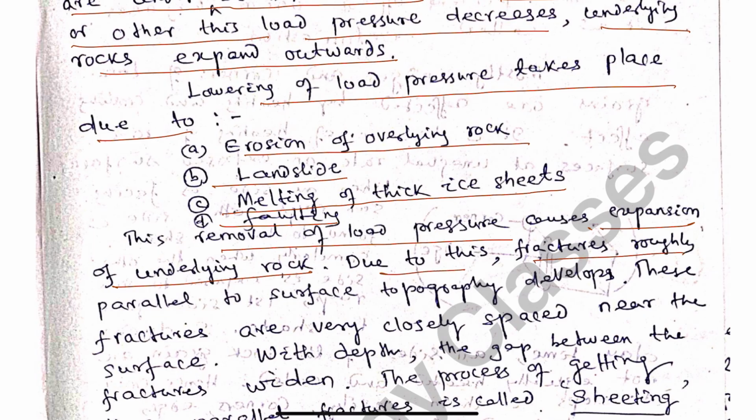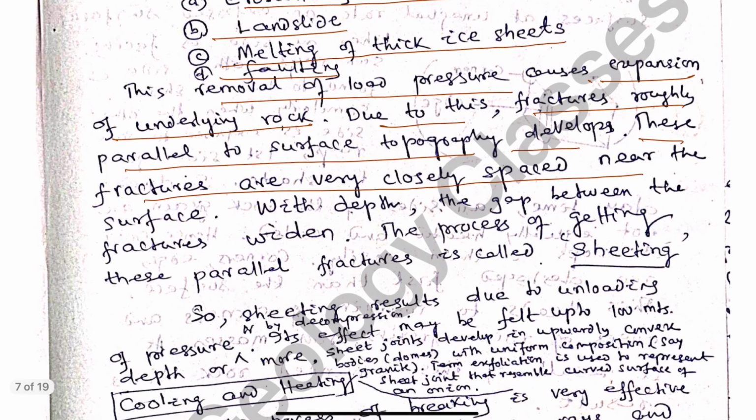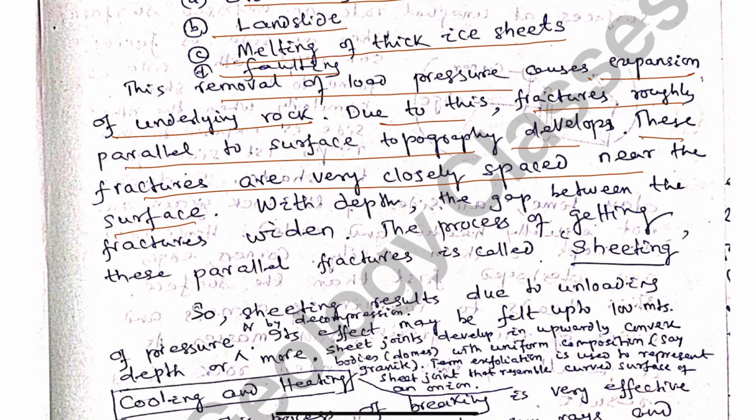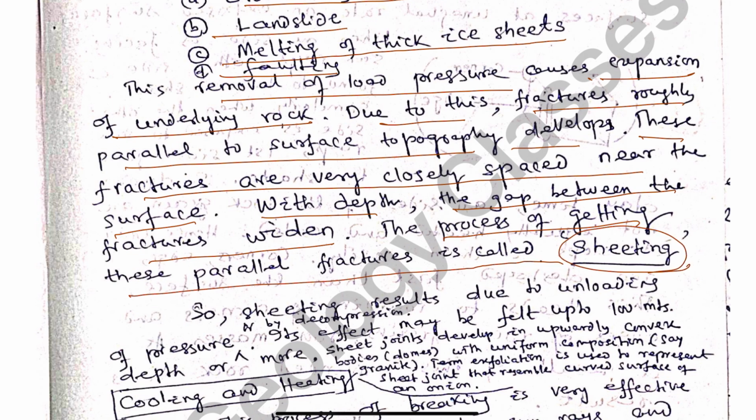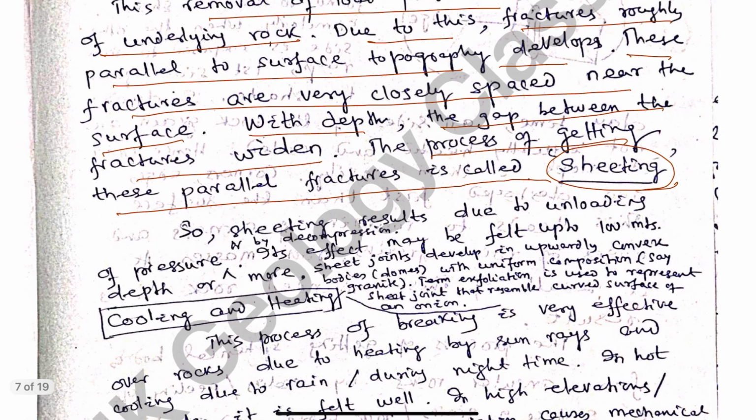Due to this, fractures roughly parallel to the surface topography develop. These fractures are very closely spaced near the ground surface, and with depth, the gap between the fractures widens. The process of getting these parallel fractures is called sheeting, or these give rise to sheet joints, and these are due to expansion due to unloading.